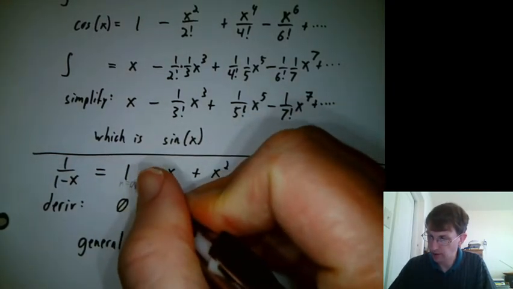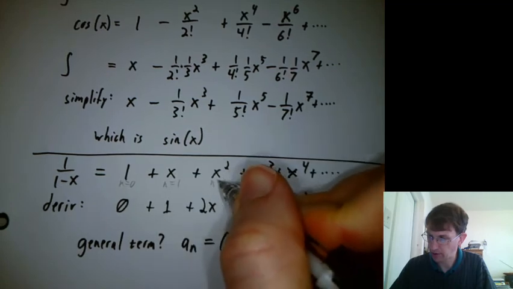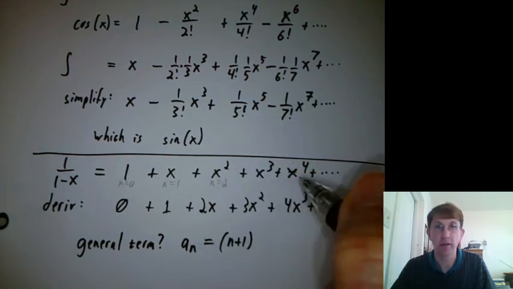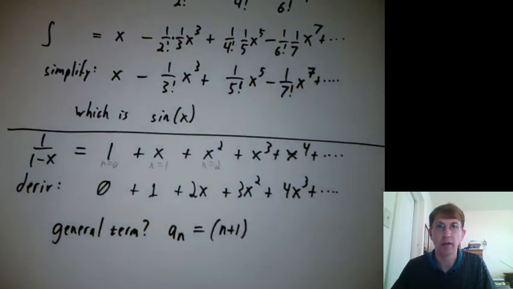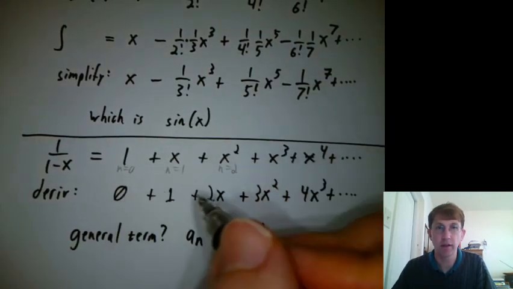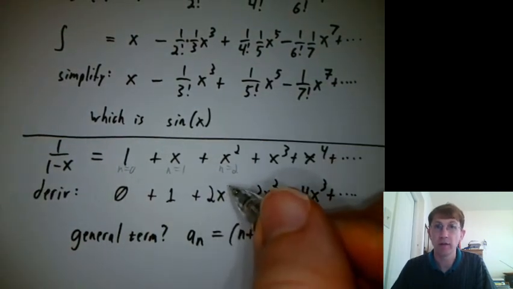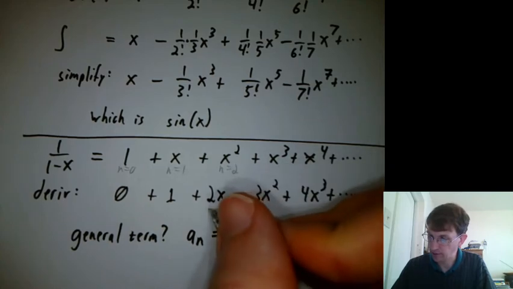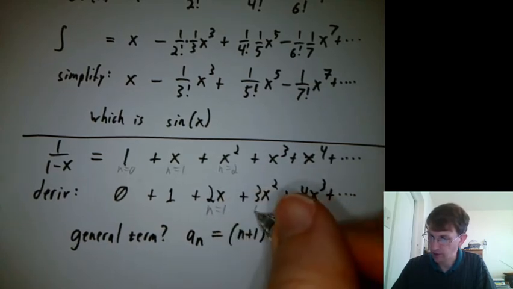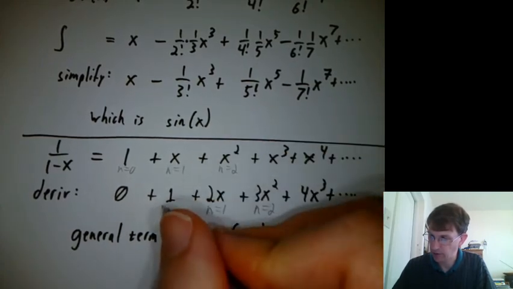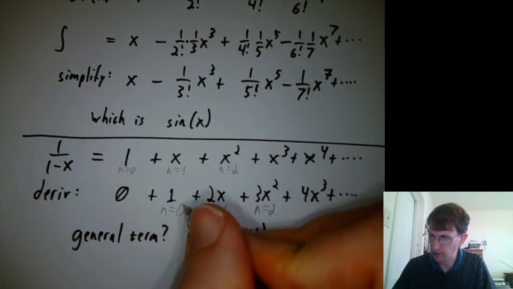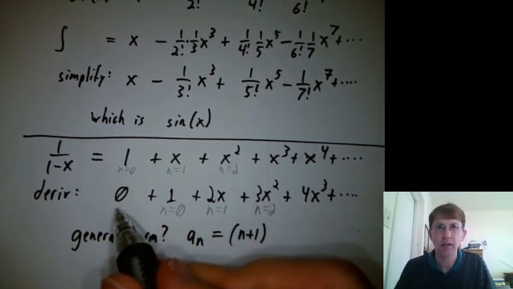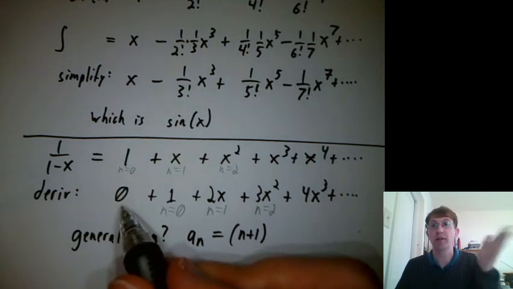But in this function down here, n is whatever the power on x is, so this is my n equals 1 term, this is my n equals 2 term, this is my n equals 0 term, and my n equals -1 term is apparently 0, so I can just ignore it.